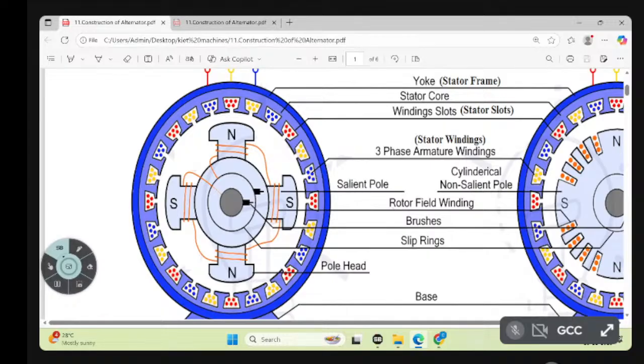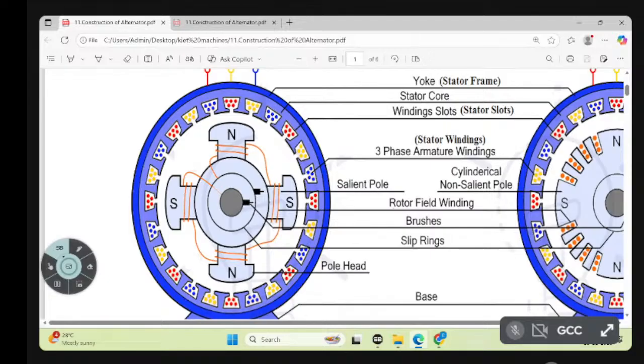So AC. Why? Because it is a generator. Generator means we rotate the rotor and we get electrical energy as the output. So the EMF induced in the conductor is directly AC. There is no need of converting this AC to DC.